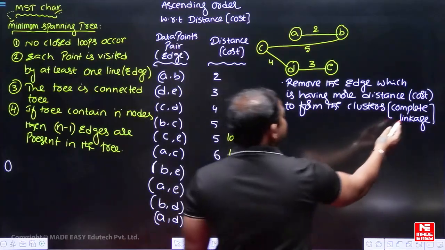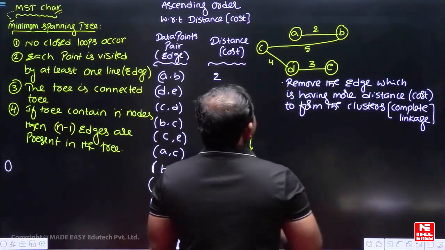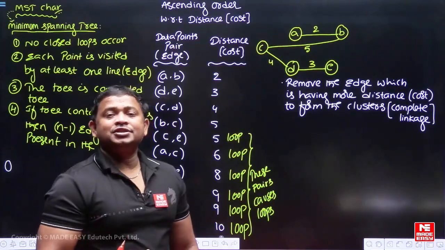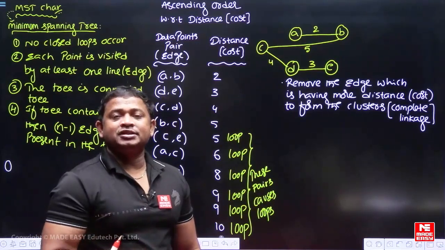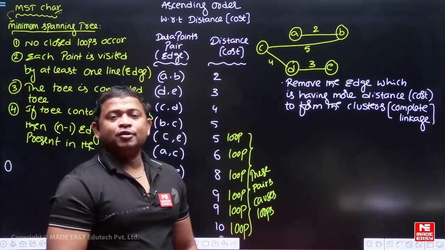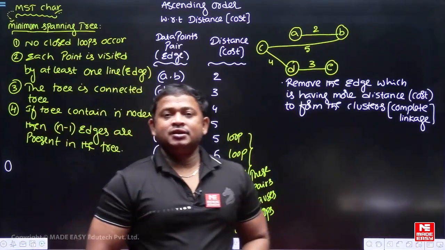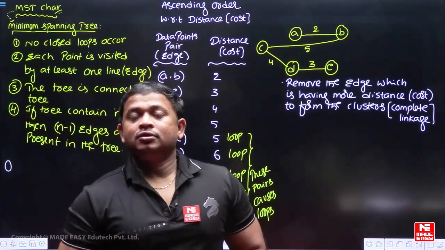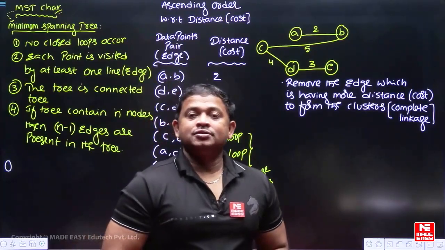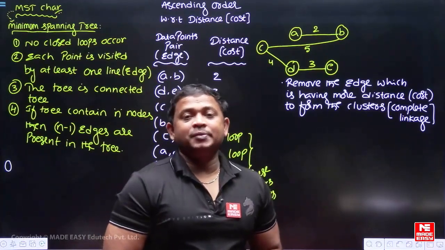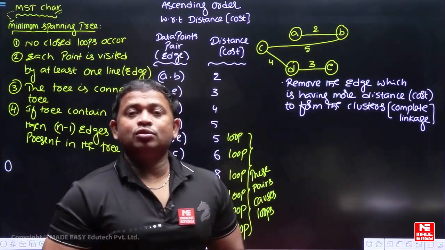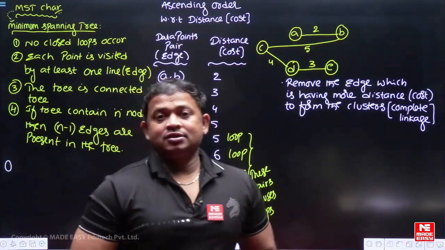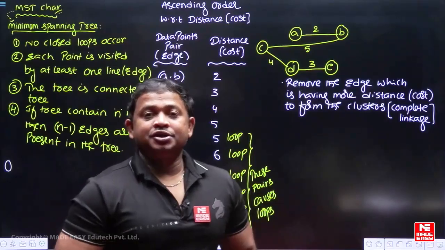In the question, if they say single linkage, you should follow the minimum distance. For complete linkage, you should follow the maximum distance. For the best efficiency, we always use complete linkage, because more distance, more dissimilarity between the clusters gives accurate predictions.